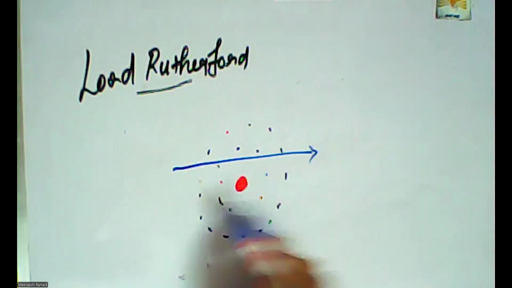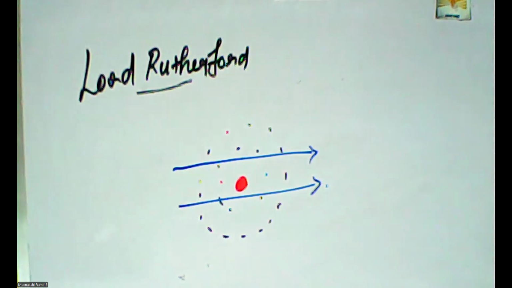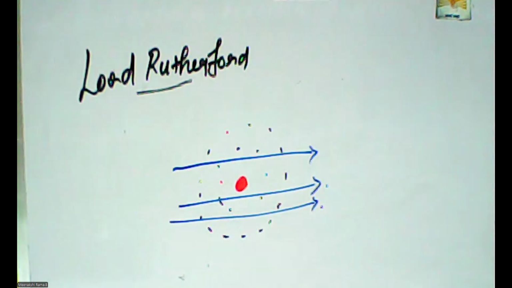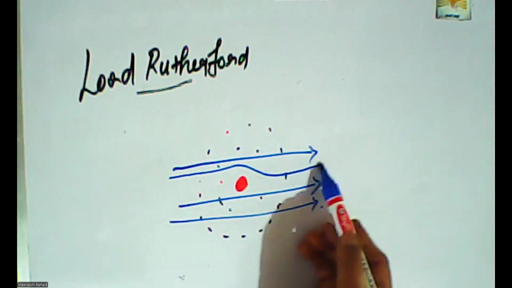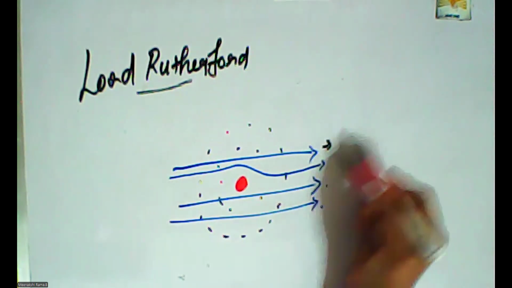Most of the alpha particles go through the foil in a straight line. So these are all the straight-line alpha particles. Some alpha particles are slightly deflected. This is the first point.